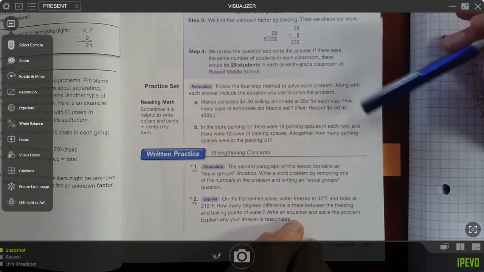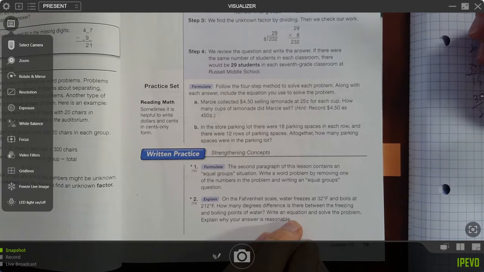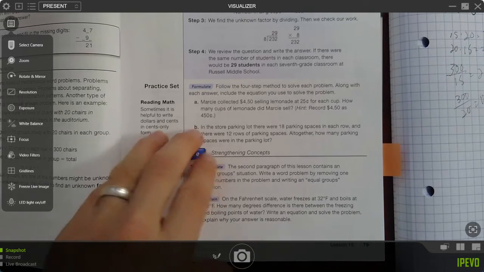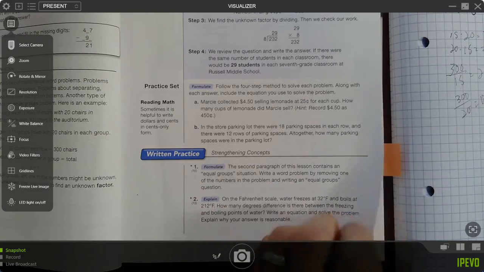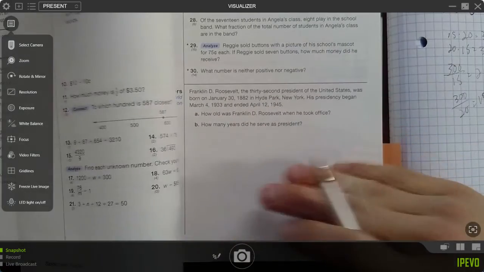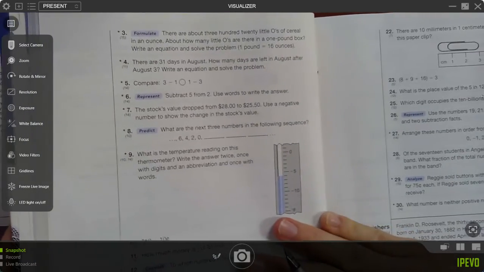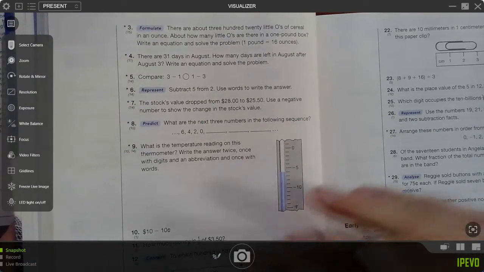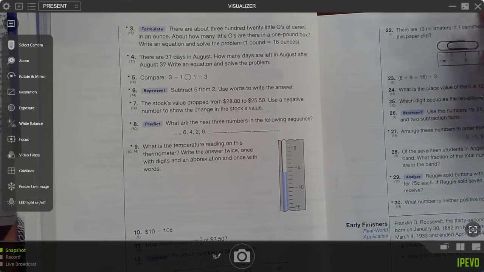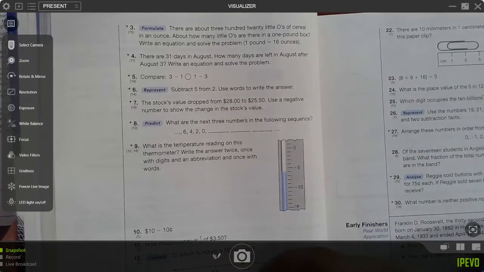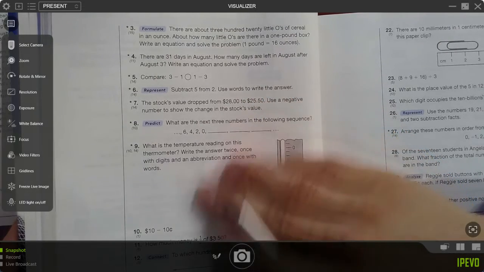So you're going to go through those. The written practice I want you guys to do, we'll continue with the word problem. So we'll do 1, 2, 3, 4. I do think it's pretty quick and it's easy to do things like 5. 6 is going to be important.